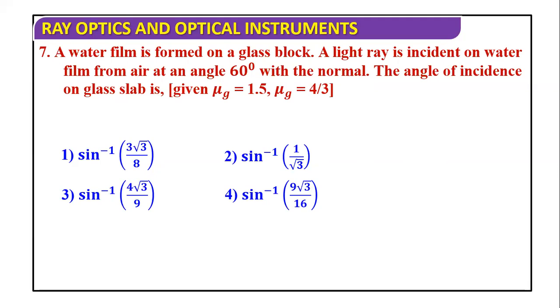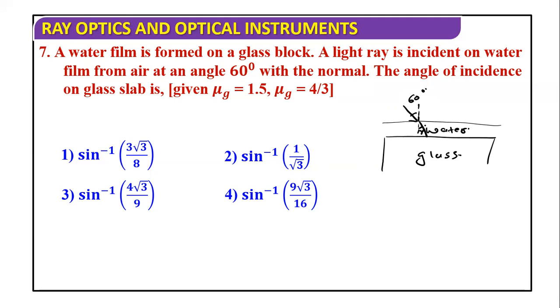This is the situation. This is a glass slab over which there is a layer of water. Light is incident at an angle of 60 degree on the air-water interface. We want to find the angle of incidence on the glass slab.